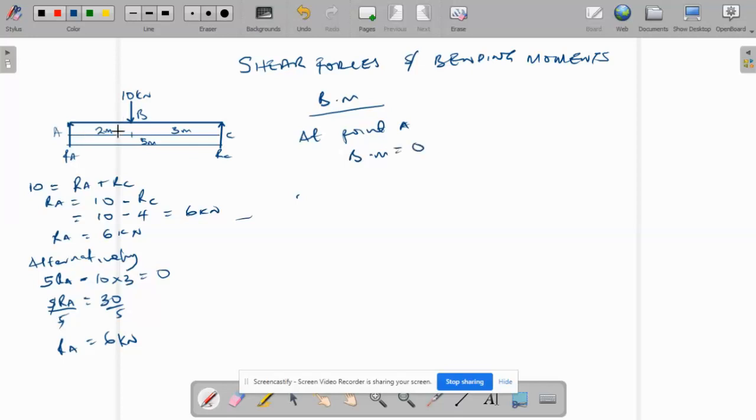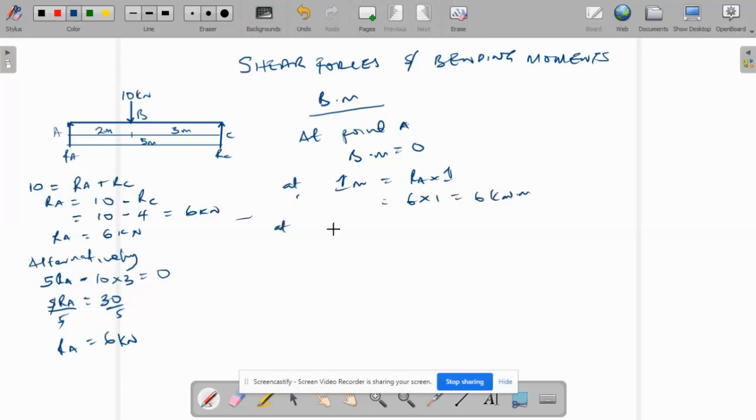So when we move down, at 1 meter, it will be equal to the reaction A times 1 meter, which is 6 times 1, which is 6 kilonewton meter.